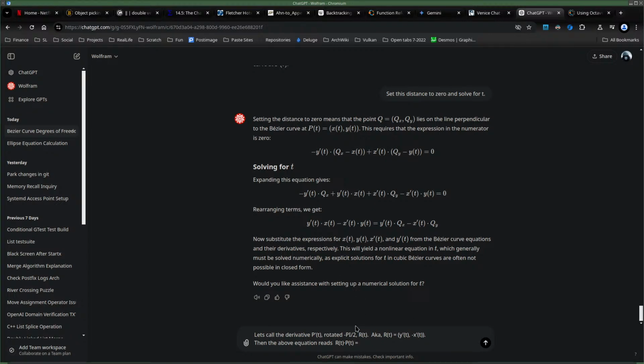So that's just a dot product between R and P. Equals, and then we do the exact same thing again. Again y, and again minus x, but this time times q. Oops, so that would be R(t) dot q.